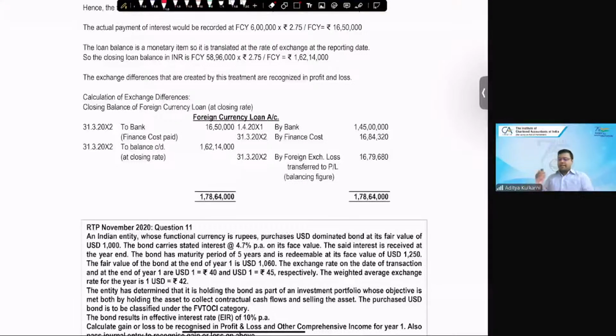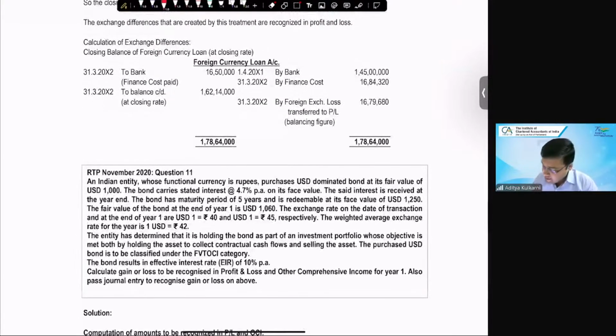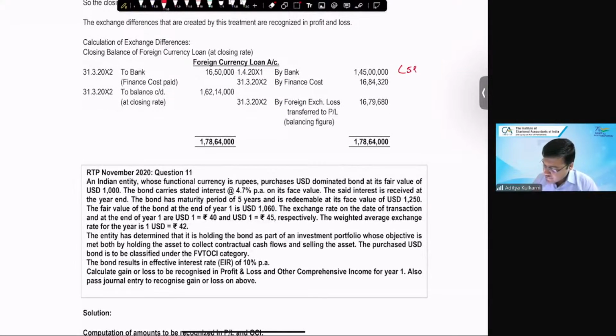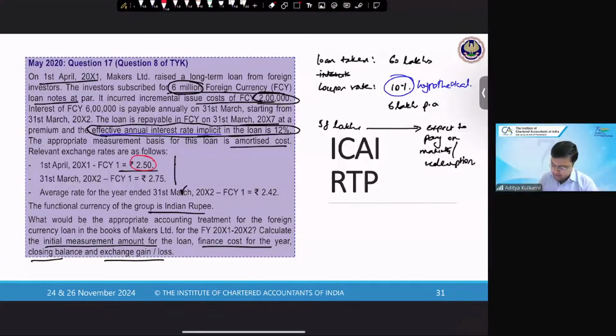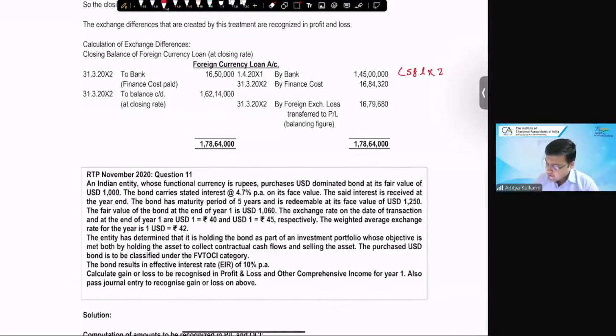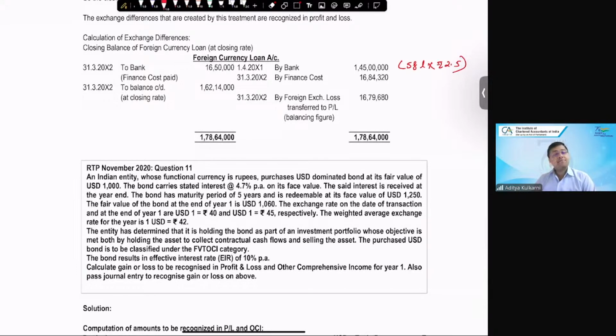So now let us start the foreign currency loan account. This is nothing but 58 lakhs multiplied by my opening rate, 2.5. You can check this. Check and confirm, 58 lakhs into 2.5. Is it correct?